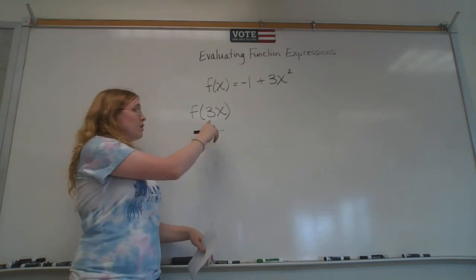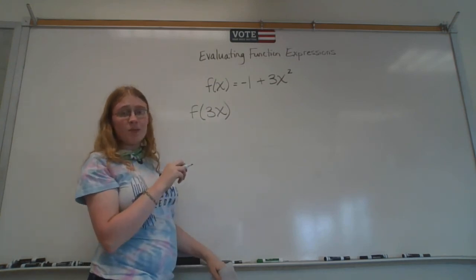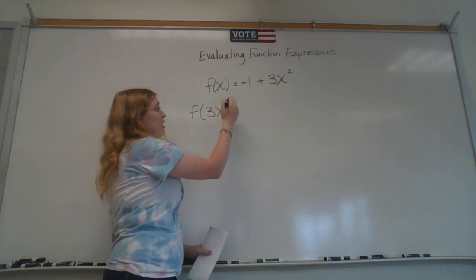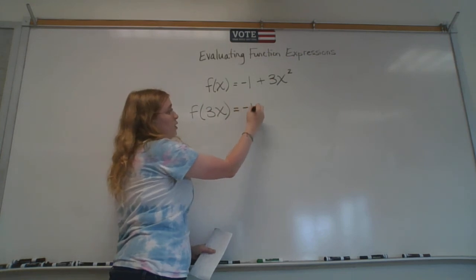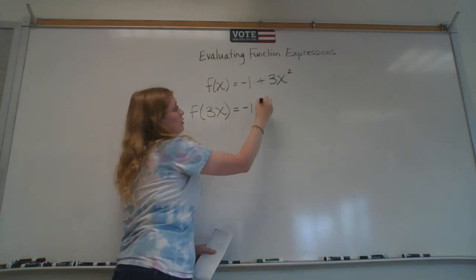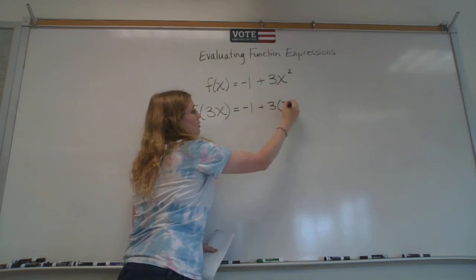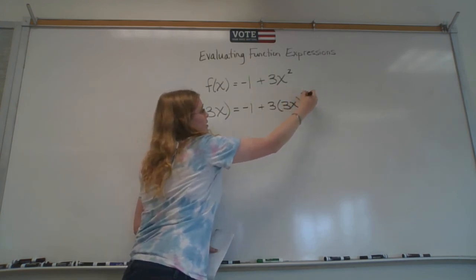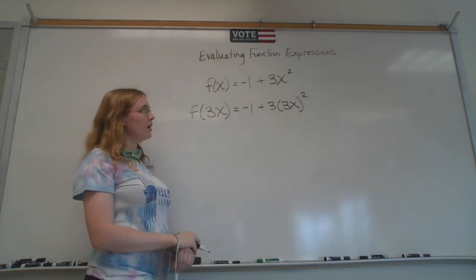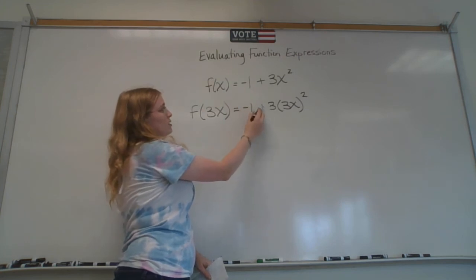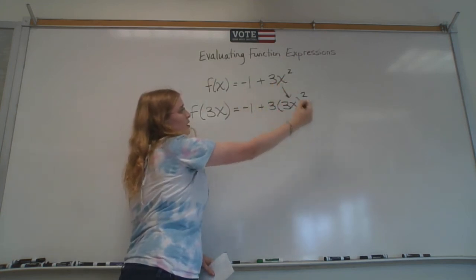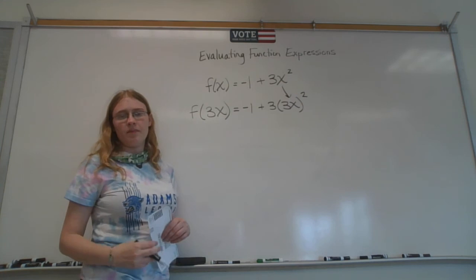So this 3 is inside the parentheses, right? Inside the parentheses means that we don't multiply the whole thing by 3, we just replace the x with 3x. Everything else is the same, except that x got replaced with 3x.